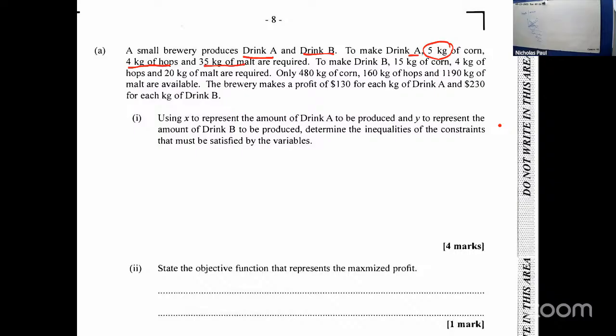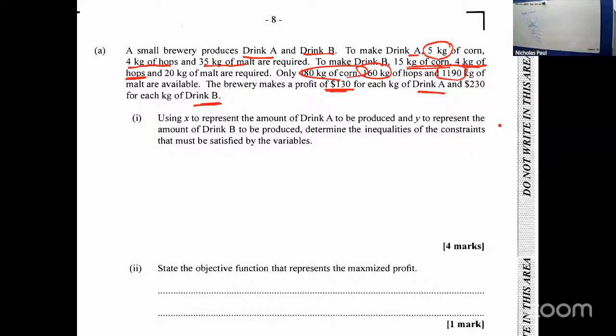To make B, 15 grams of corn, 4 grams of hops, 20 grams of malt, but you only have 480 grams of this, 160 of this, 1190 of this. The brewery makes a profit of 130 for drink A and 230 for drink B.